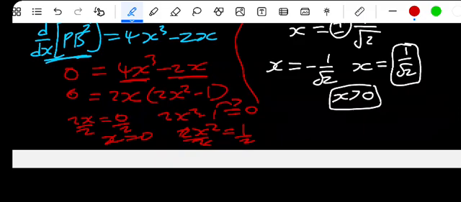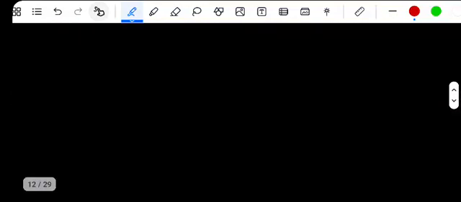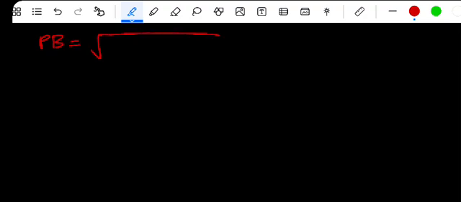1 over root 2. So we can substitute that 1 over root 2 onto our equation. We had that p, we have left it as the square root of x raised to the power 4 minus x squared plus 1. Remember, now we can substitute.